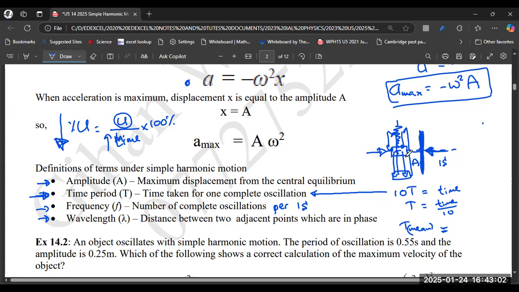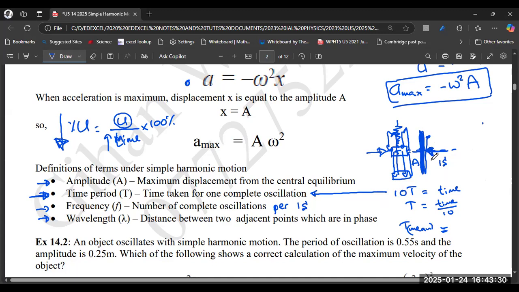What is the practical issue we have? Okay, now it moves. When it moves down, now I start the stopwatch. It goes down, it goes up. Halfway mark, 1 second is over. So can you say that it's like half, three-quarter of a wave? Something like that? No, it's very hard.